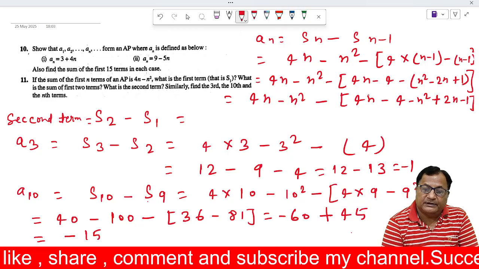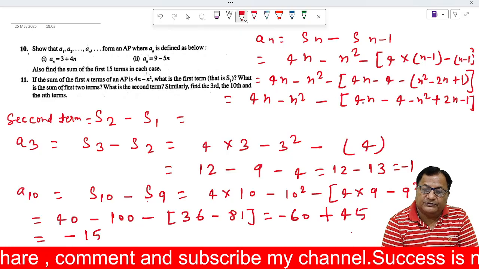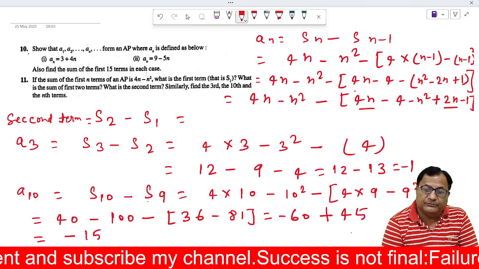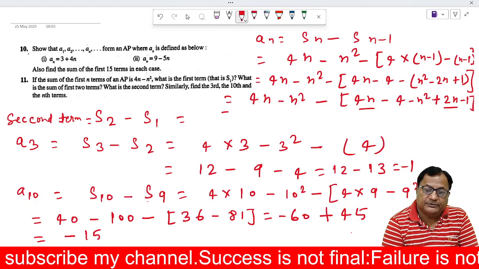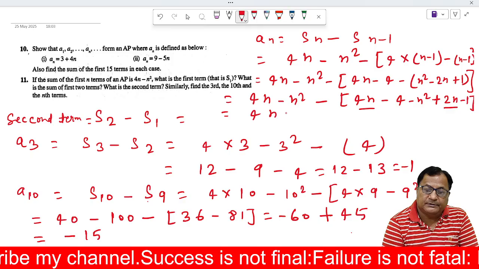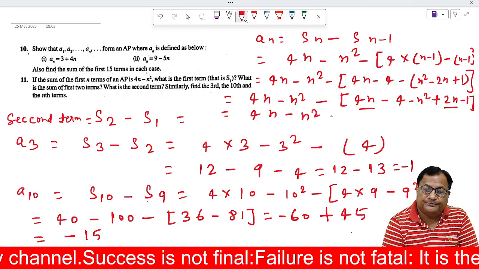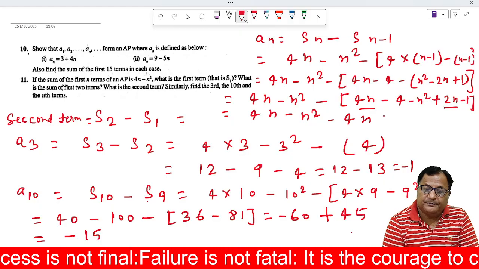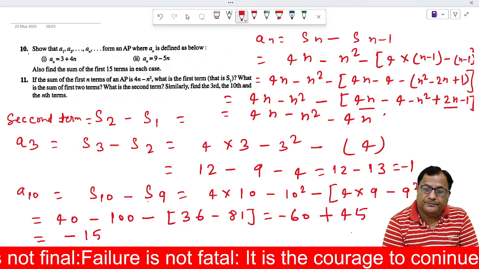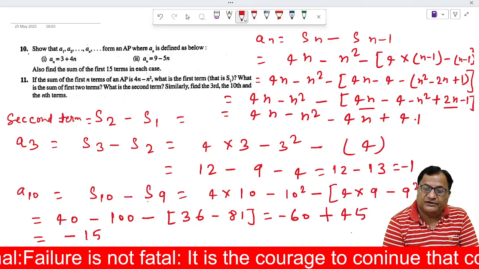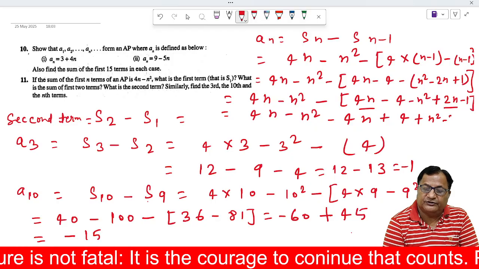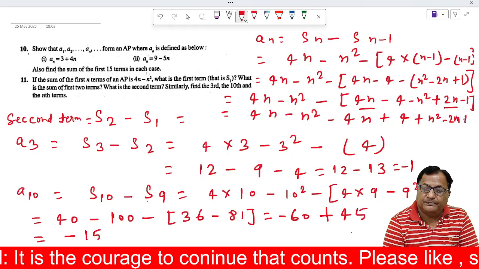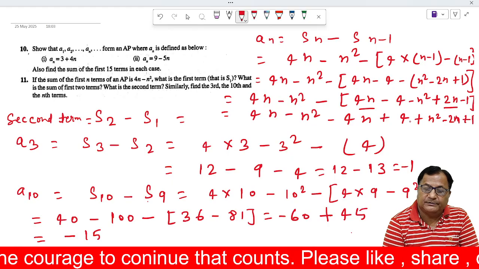Removing the brackets, 4n minus n square minus 4n plus 4 plus n square minus 2n plus 1.